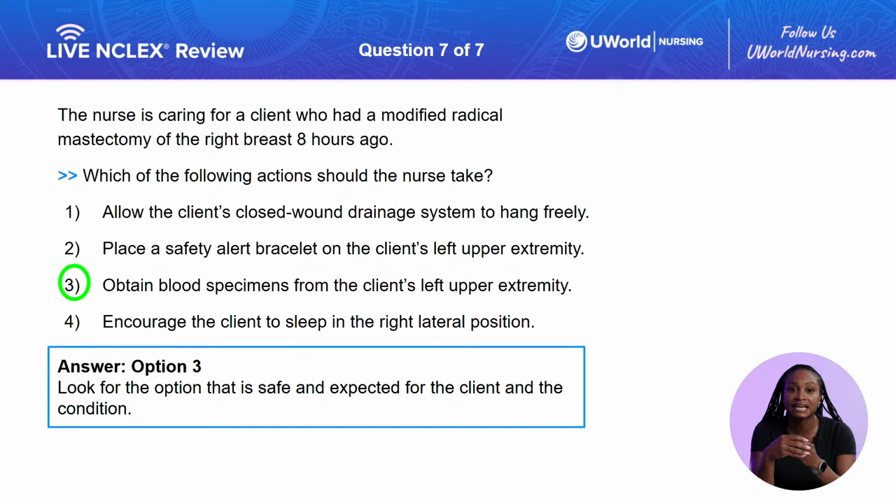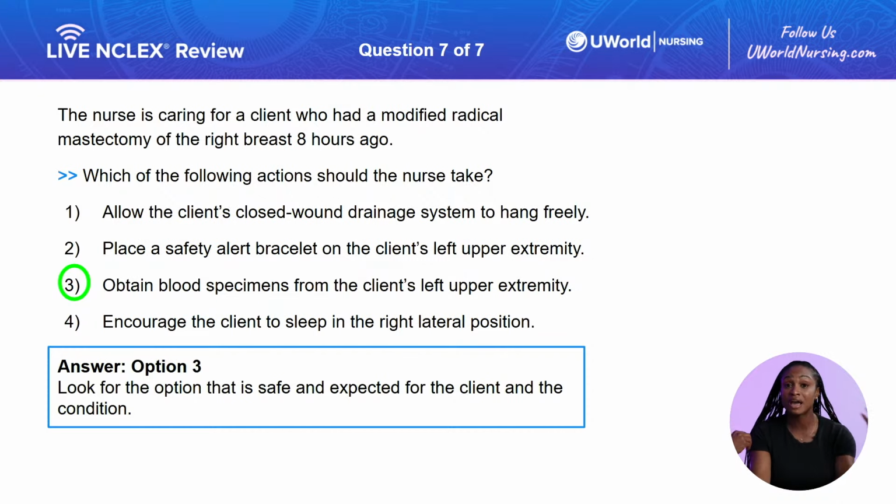So obtaining blood specimen from the client's left upper extremity would be the correct answer, because again, we're allowing this side, the right side that just had the mastectomy, to rest, because it's very sensitive and very high risk for infection, because sometimes with those mastectomies, they can go in and take some lymph nodes out and the circulation can sometimes be compromised.